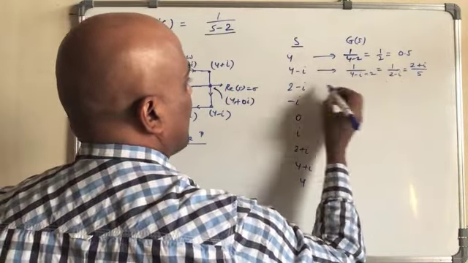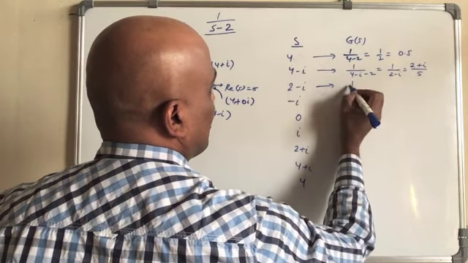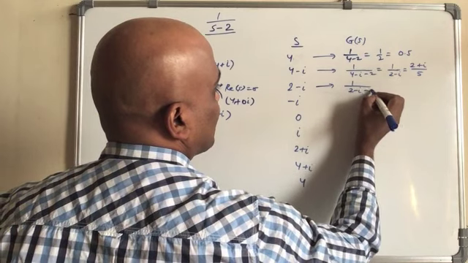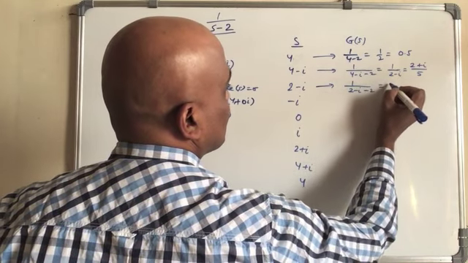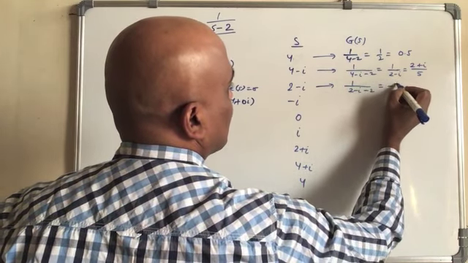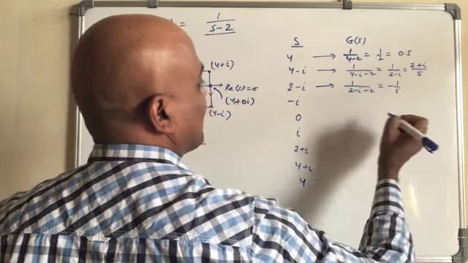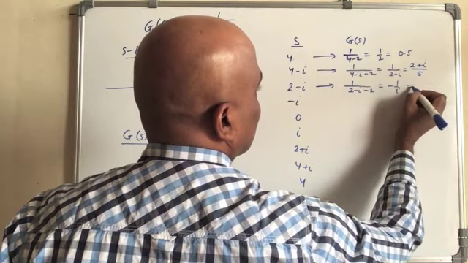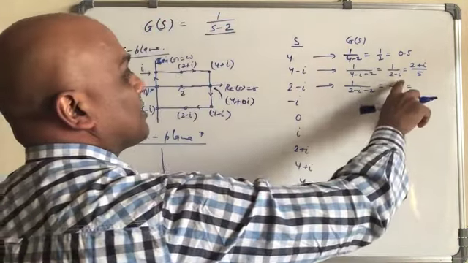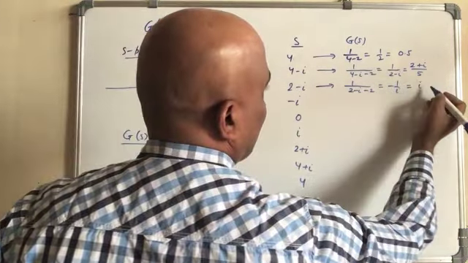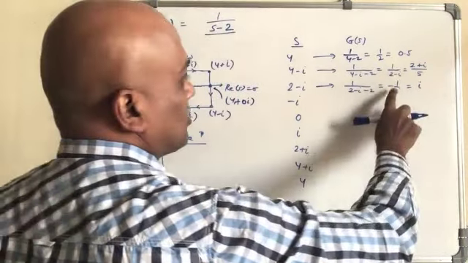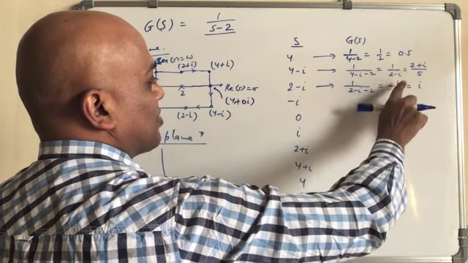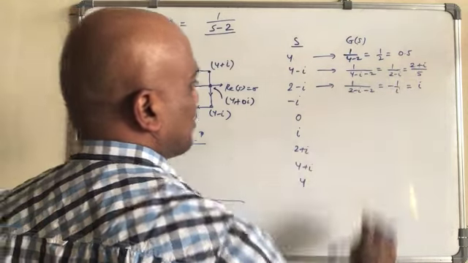Got that. Next is 1 over 2 minus i minus 2, which is simply minus 1 over i, and we get minus 1 over i, which is simply i.